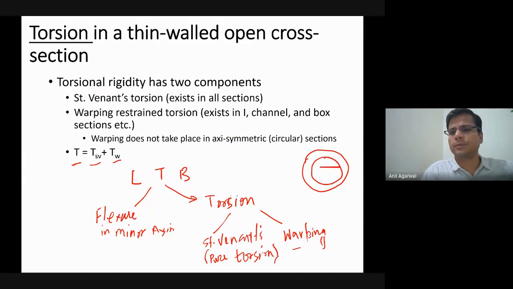What you would essentially have are small twists, and they will all cancel out each other nicely, and there won't be any geometric non-compatibility issues here. So it will work perfectly fine, and you would not require any other kind of torsional resistance.